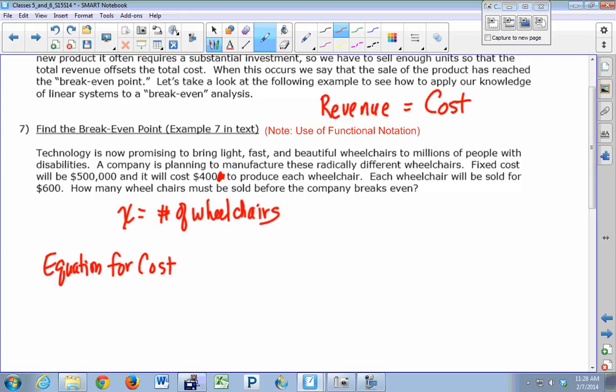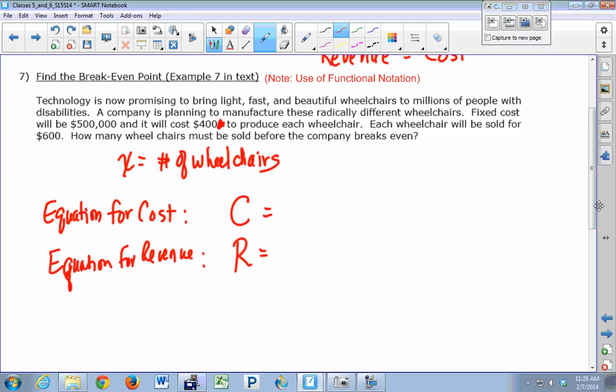An equation that would equal the cost to this company of producing X number of wheelchairs. What would the equation look like? Yep, Connor? Yep, my starting point, 500,000, my fix, plus 400x, right.